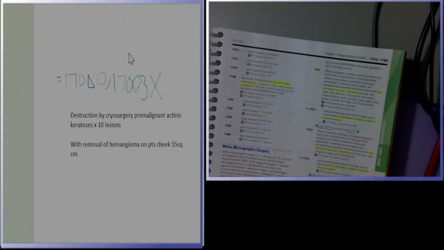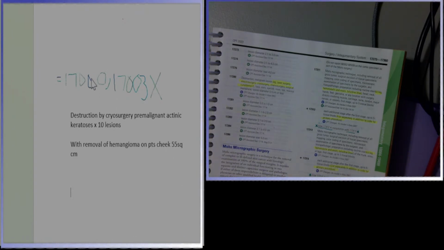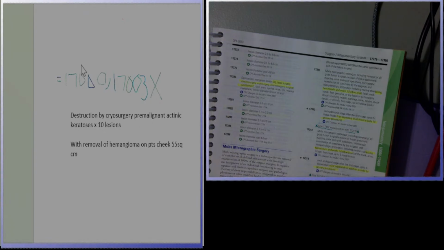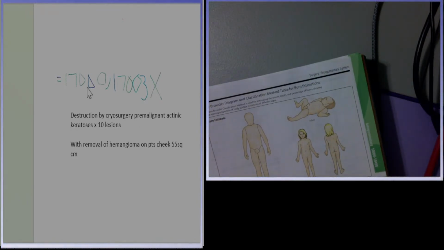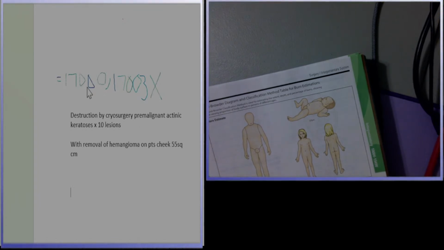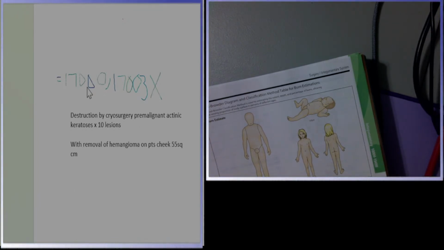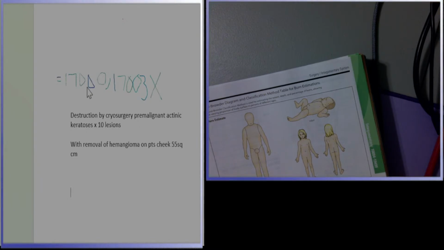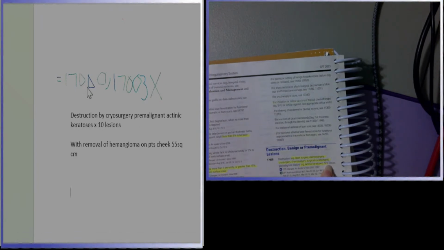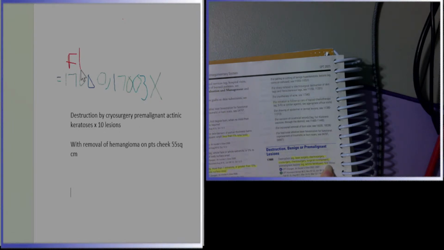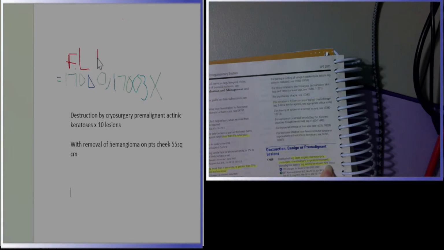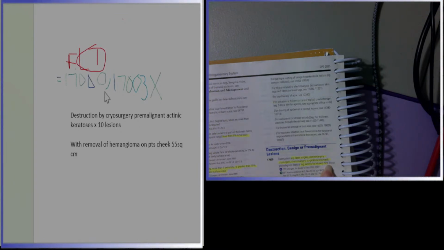Clarice, you're close. Read your descriptor. What does 17000 say it does? The last two words in the CPT code descriptor. What does it say? If that one does the first lesion, then that's one lesion, right?